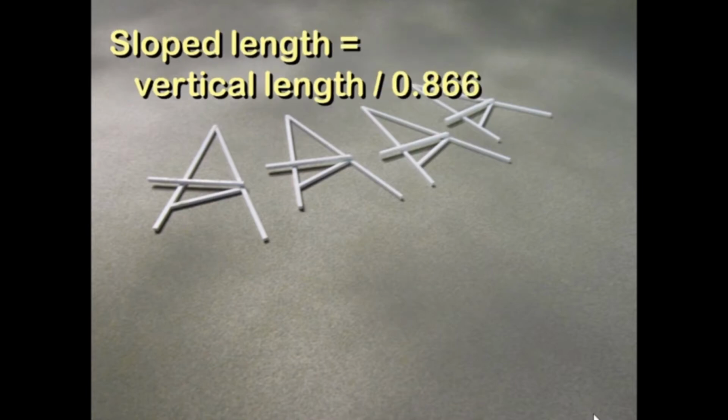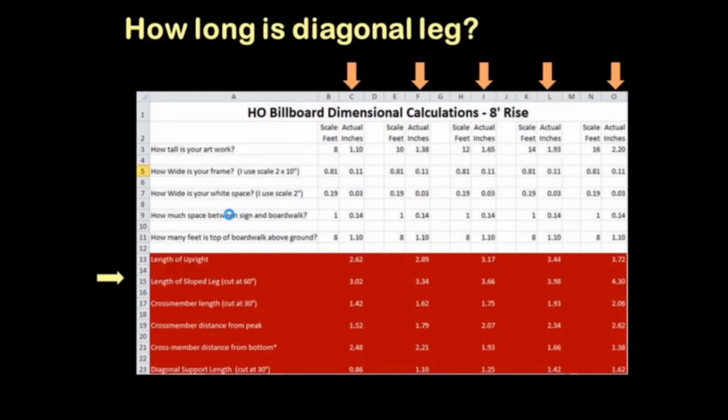But how long should the diagonal leg be? And you thought you would never use your high school trigonometry. The ratio of the adjacent side to the hypotenuse of a 30-degree angle of a 30-60-90 triangle is the cosine of 30 degrees, or 0.866. Thus, the diagonal for the support will be the length of the vertical leg divided by 0.866, or 3.02 inches.